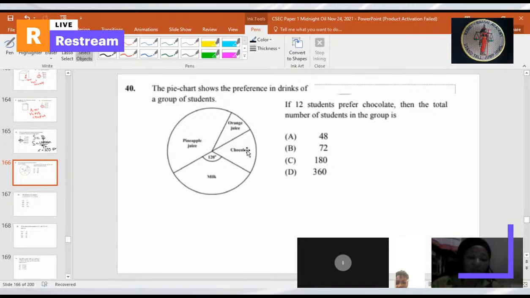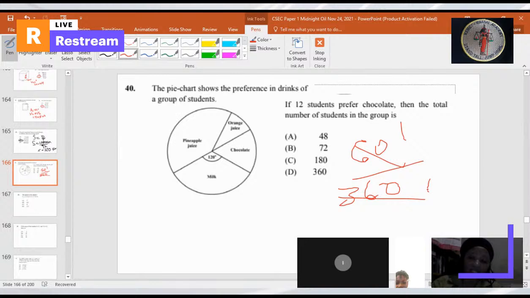So that means chocolate represents 60 degrees. And since that is 12 students, 60 degrees out of the full 360 is 1/6, right? So 1/6 of what would give 12? The total would be 12 times 6.